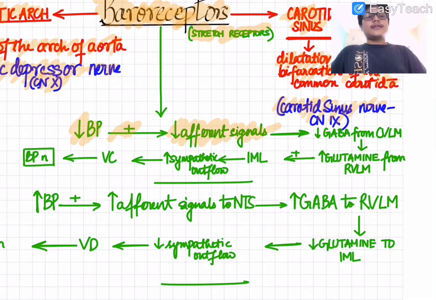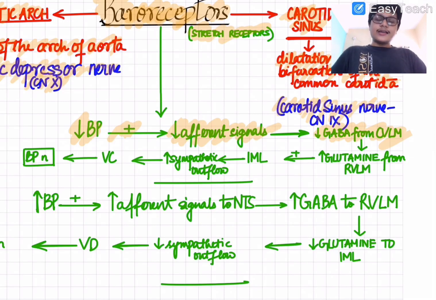Now, the nucleus of the tractus solitarius was giving efferent glutaminergic supply to the caudal ventrolateral medulla. So, when the afferent signals to the nucleus of the tractus solitarius decrease, its efferent glutaminergic outflow will also decrease. So, the CVLM will be less stimulated, and hence the CVLM's GABAergic efferent supply to the RVLM will also decrease.